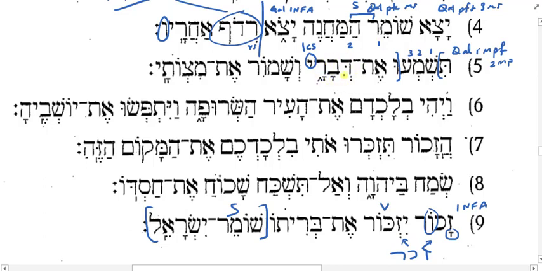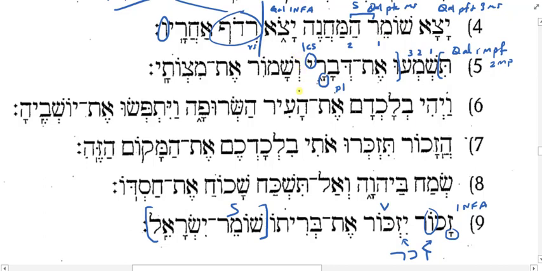Is this one word or many words? This is plural. The first common singular pronominal suffix is a yod, and whether the noun is singular or plural is going to depend crucially on the vowel point right before the yod. Remember, if it's a hireq before the yod, the noun is singular. If it's any other vowel before the yod, the noun is plural. So that is a plural form of davar. So you will listen to or hear my words.